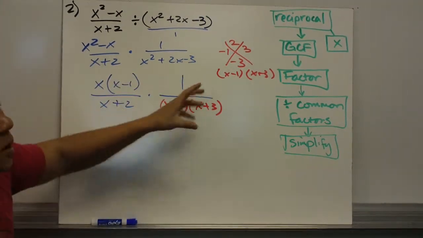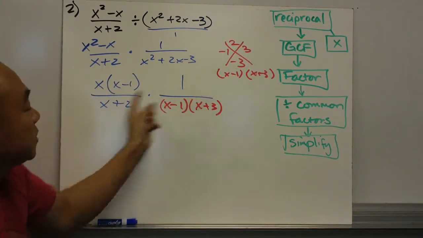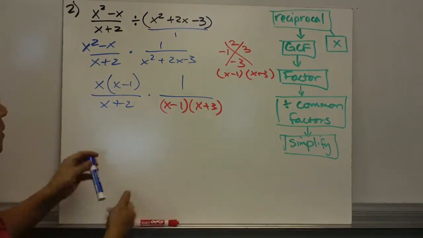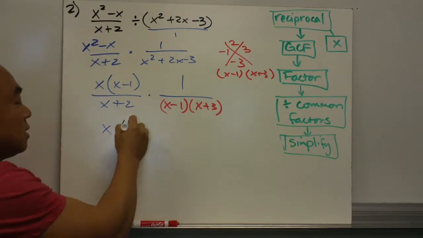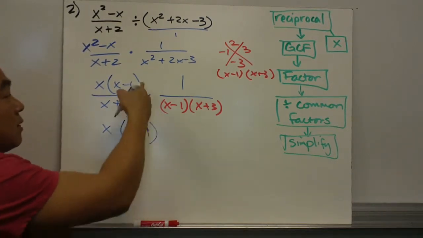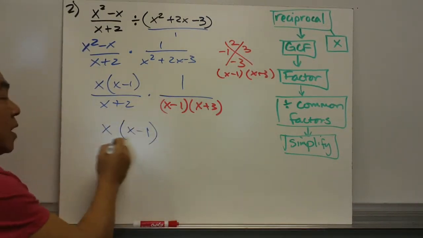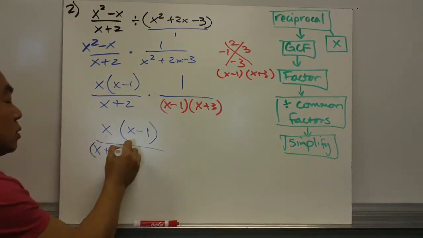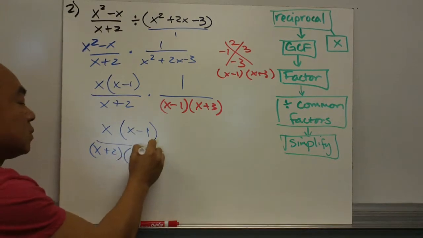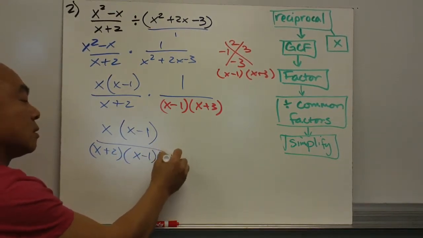Now that we've gotten everything all kind of set up, we can just multiply straight across. And so if I multiply straight across, I'm going to have x times x minus 1. And then if I multiply that by 1, it's the same value. So it stays all over x plus 2. Multiply that by x minus 1, x plus 3.